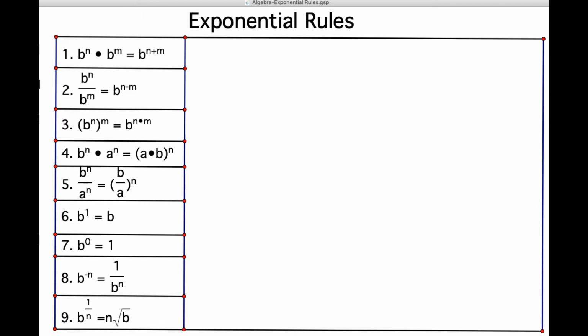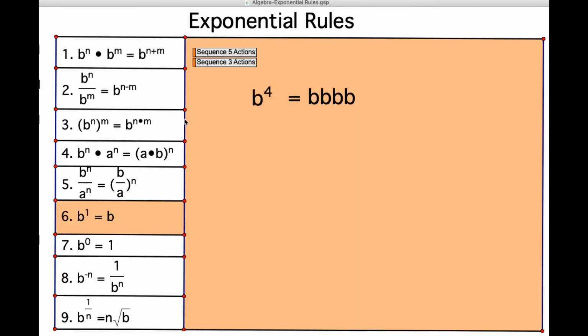Now we're going to depart a little bit and look at a slightly different approach. I think we can all agree that b to the fourth is b times b times b times b. Similarly, b cubed is going to be b times b times b.